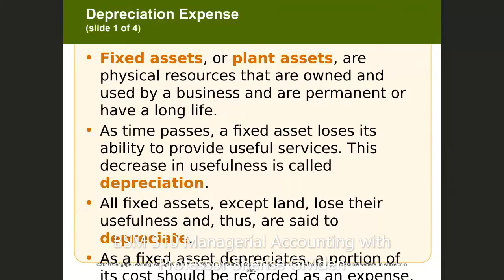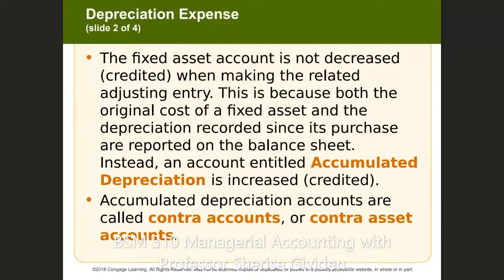As a fixed asset depreciates, a portion of its cost should be recorded as an expense. The fixed asset account is not decreased (credited) when making the related adjusting entry.